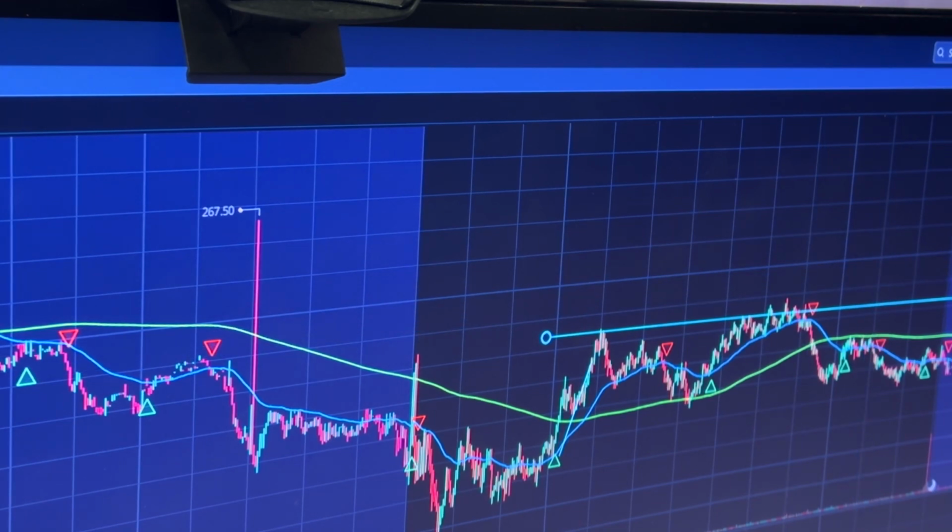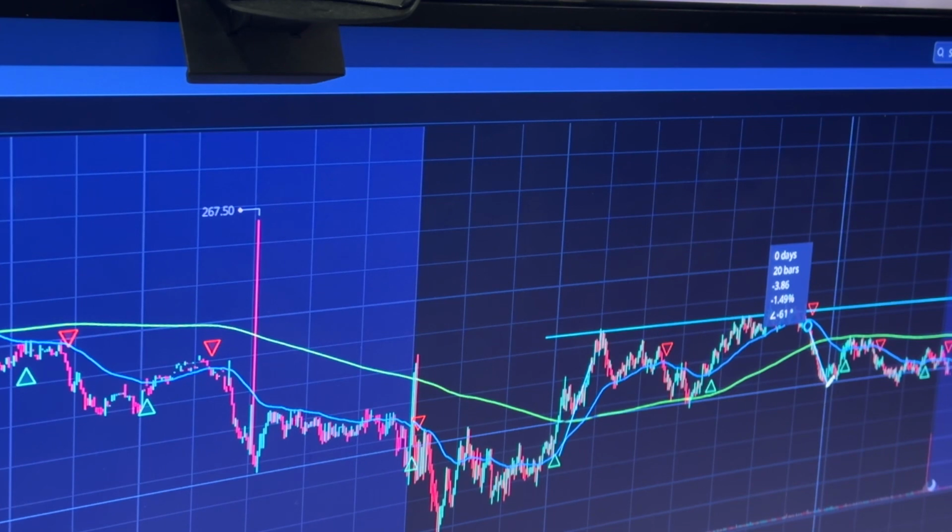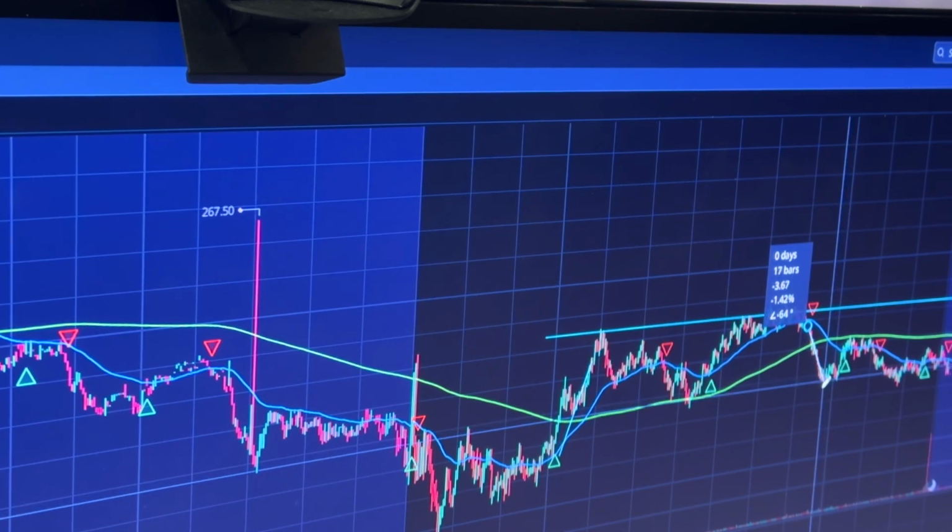Now, all you have to do is wait for it to curve under the 45 EMA, and you do the same thing again. You line up your candle, and you go for your, that one is 1.5%.